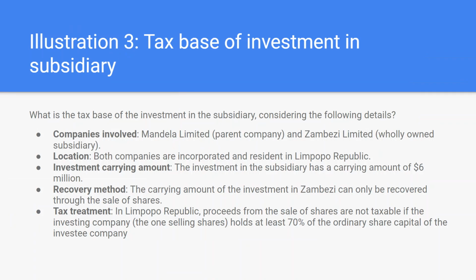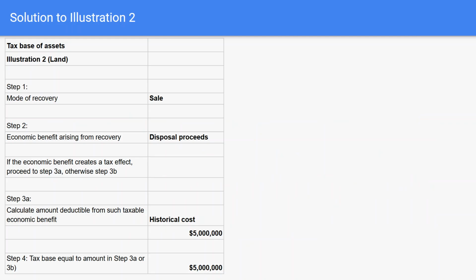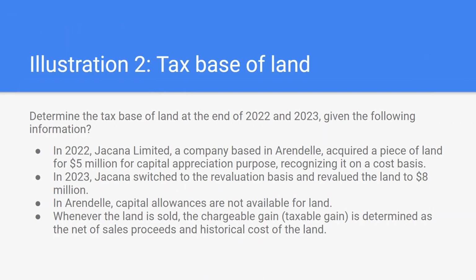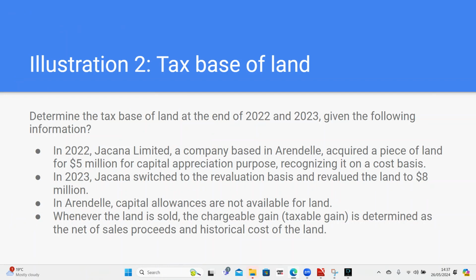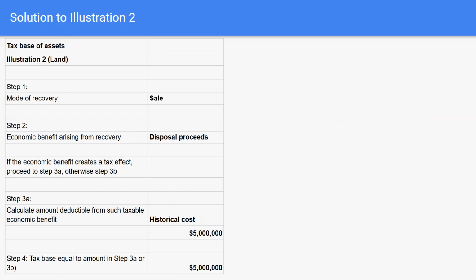And so what's the economic benefit that will arise when you sell it? The economic benefit that you expect to arise is the sale proceeds. I've kept it for capital appreciation, so I'm going to sell it at some point in the future. And when I sell it, that proceeds will come to me. So that's what I expect to get. And when you determine the recoverable amount, it doesn't have to be an amount you have figured out in your head.